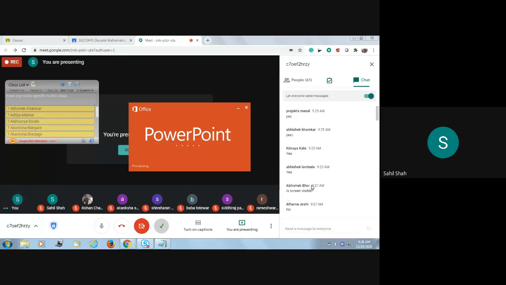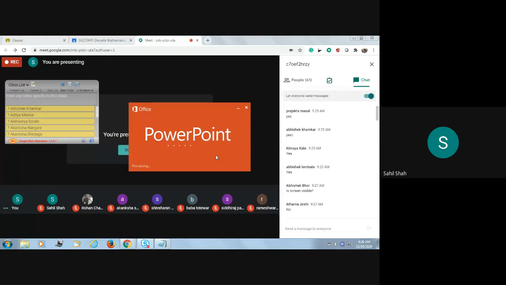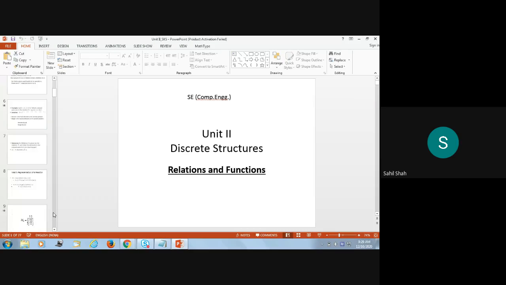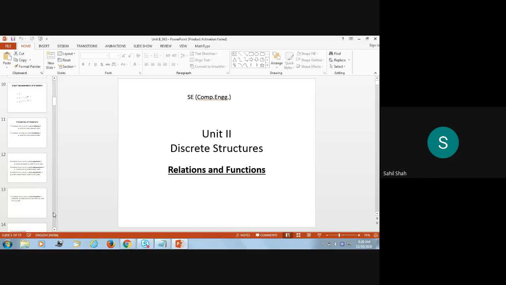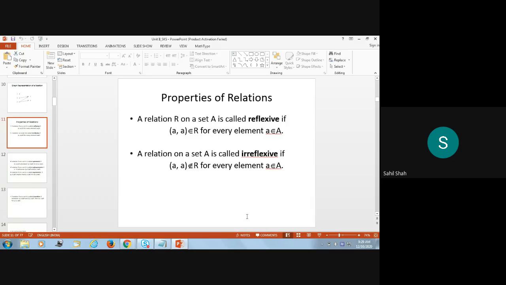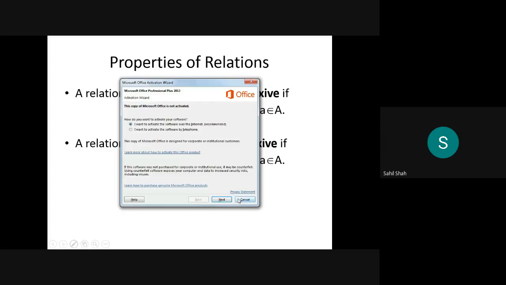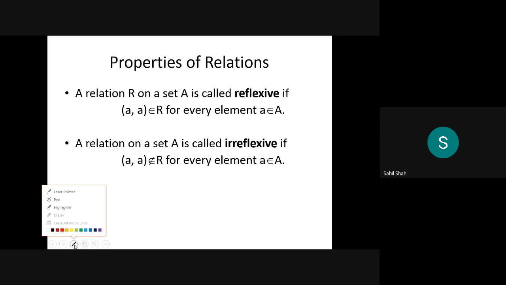Not visible? Yes, sir, it's visible. Let me start now. The properties of binary relation, as I was discussing so far. Give me a second. Let it load.